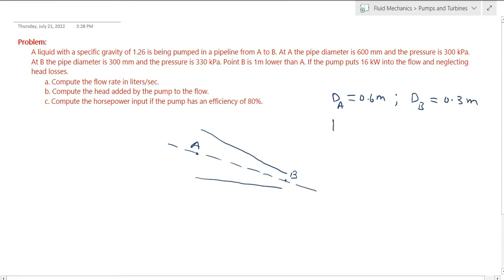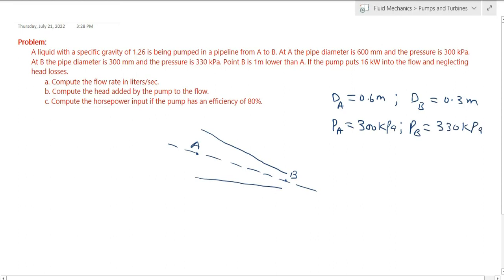Now the pressure at A is equal to, how much is the pressure at A? At A the pressure is 300 kilopascal, 300 kPa, and pressure at B is 330 kilopascal. Okay, now point B is 1 meter lower than A.